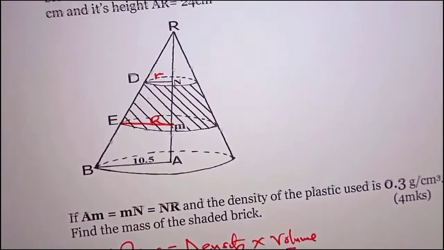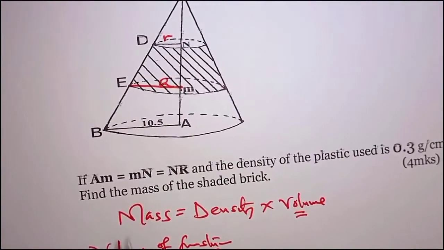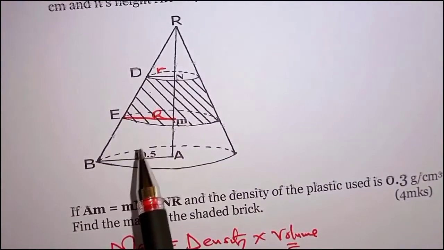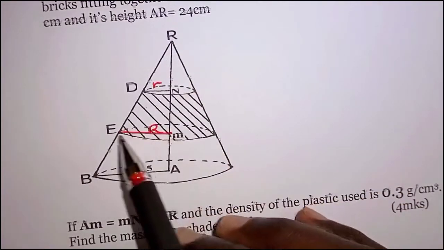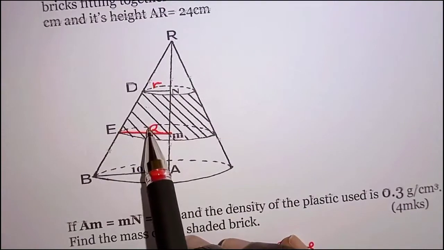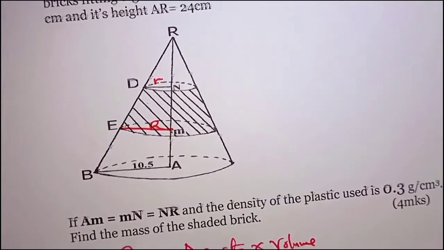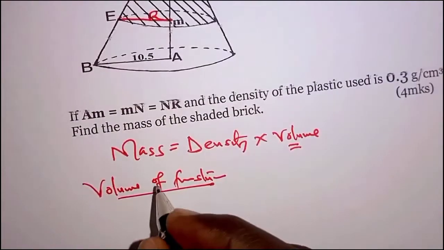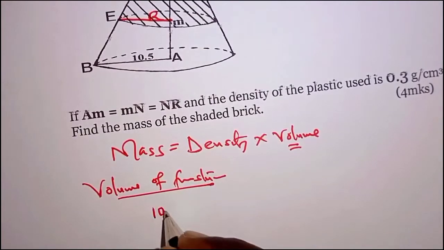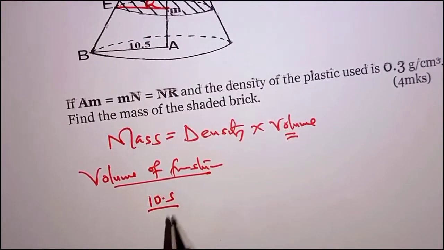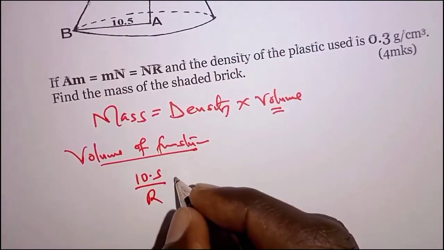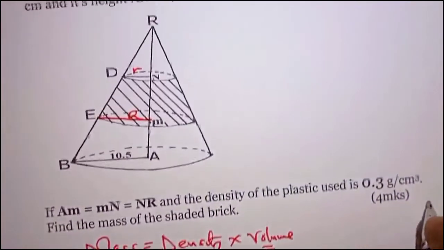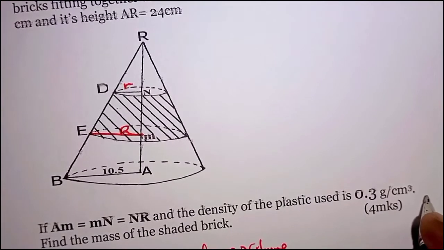So we are going to take the ratio of the corresponding lengths of the similar solids. So if we consider the bigger cone and this other one whose base radius is R, we are going to say the bigger cone has its base radius 10.5, and we'll have to divide that by the base radius of this other cone here, which is R, and this should be the same as the ratio of the heights.